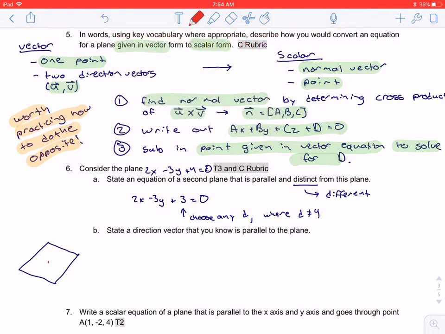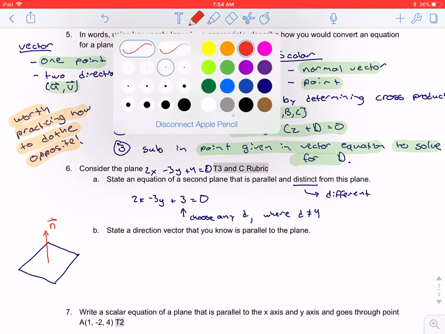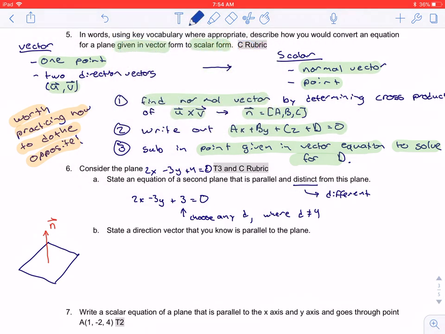If I take the dot product of the normal vector and any vector where the dot product is 0, that direction vector would be in the plane.